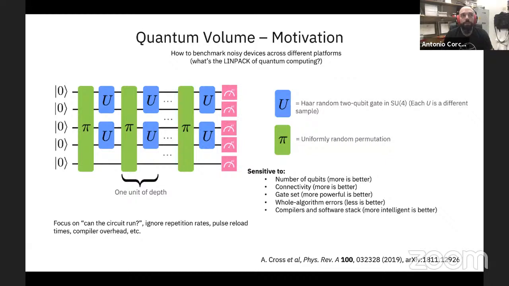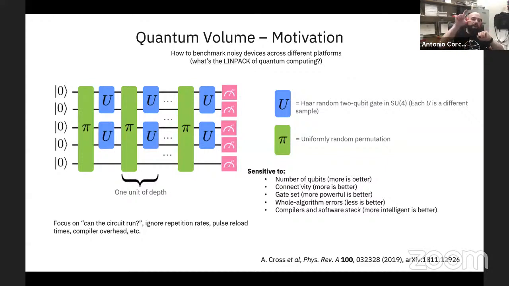We want to run families of circuits that are increasingly large in our system, and see how well they perform as we make the system and the circuit larger. And the 5-second summary of quantum volume is the largest square circuit that we can successfully run in our quantum computer.